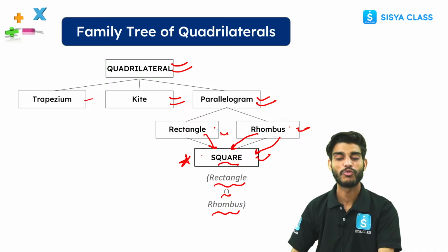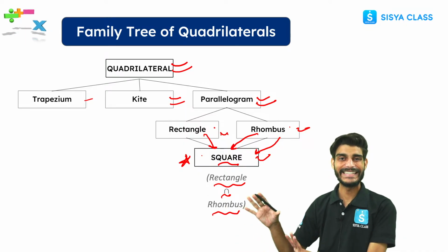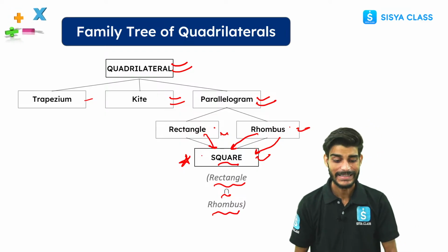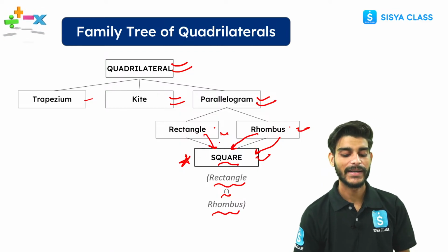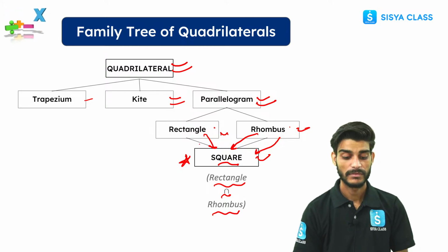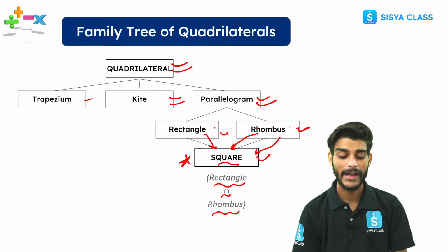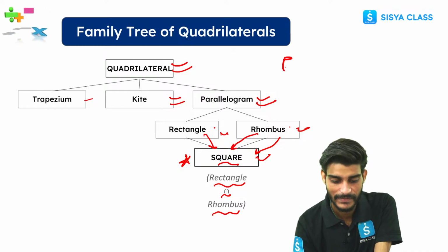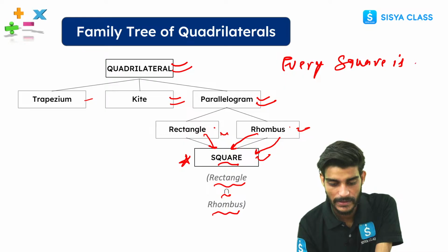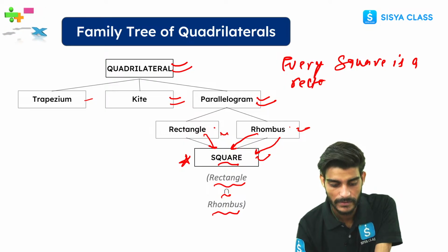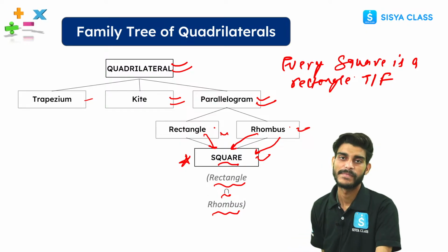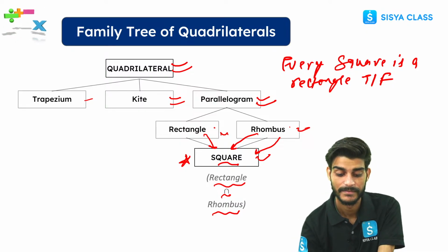So basically, square satisfies the most strict conditions. That's why every square is a rectangle, right? Every square is a rectangle.